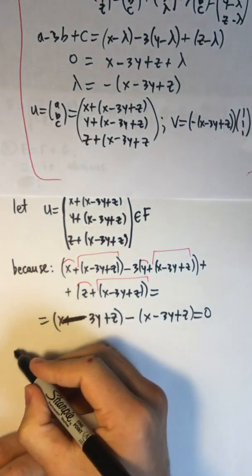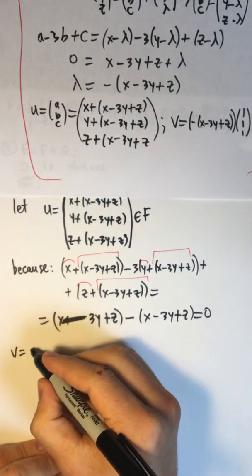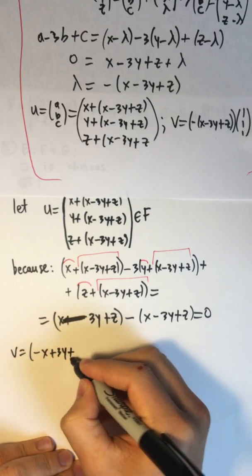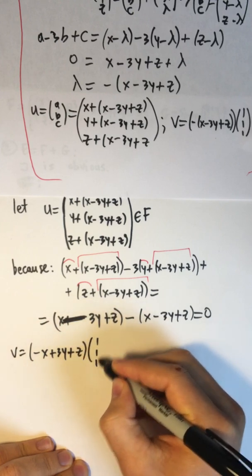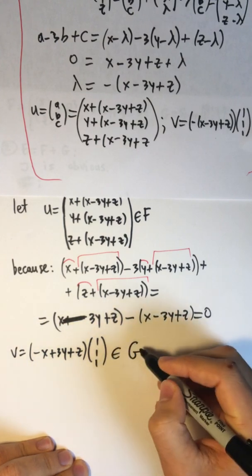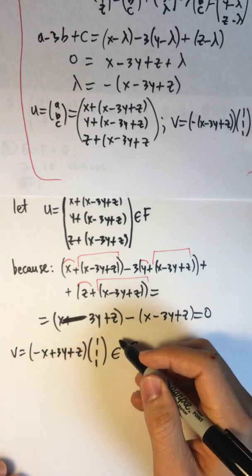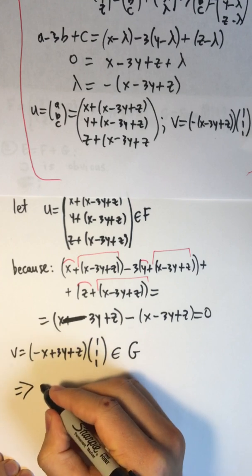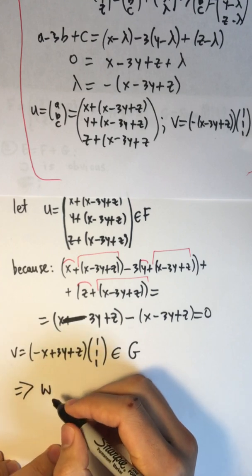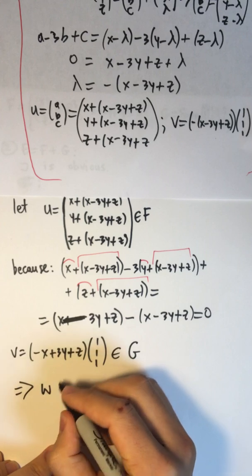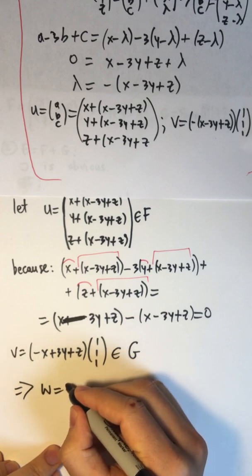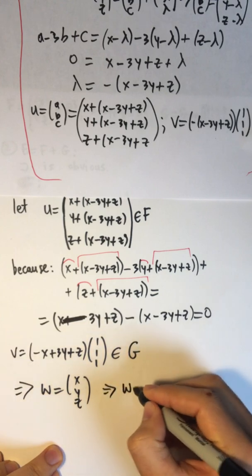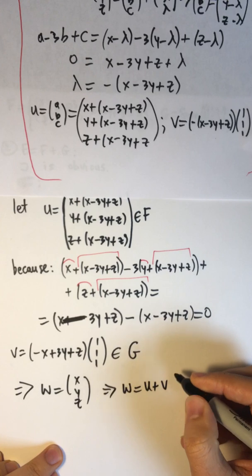And now you say v is equal to, let's just say, minus x plus 3y plus z times 1, 1, 1. It's in G. You don't have to show this because 1, 1, 1 means span 1. And now w is equal to, let's just say x, y, z, where w is u plus v.